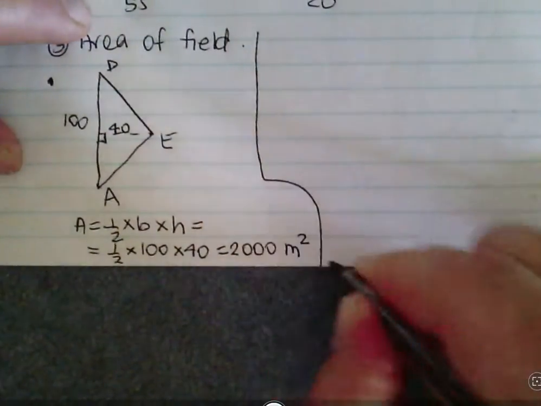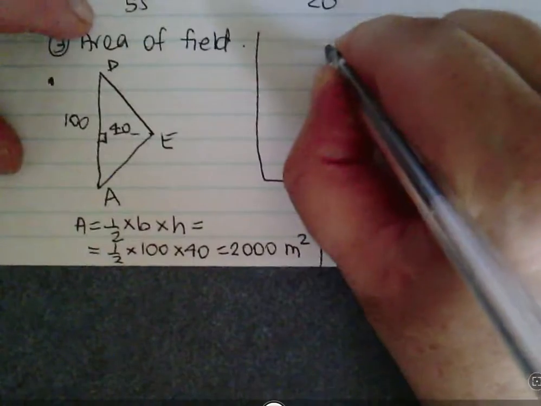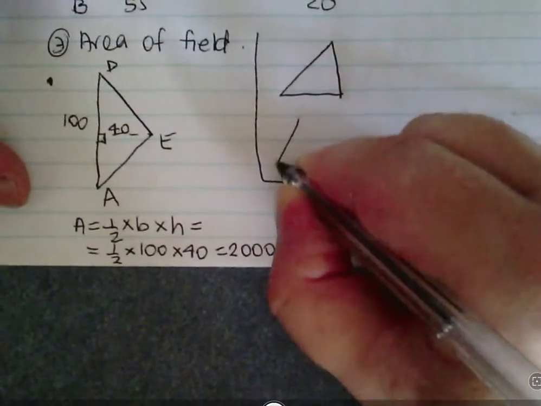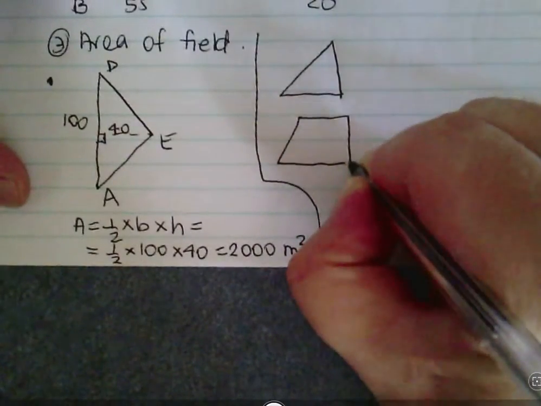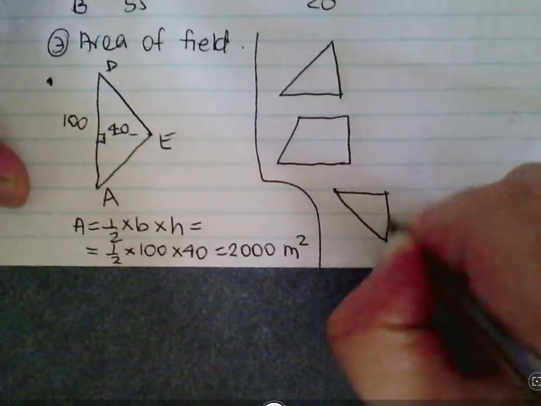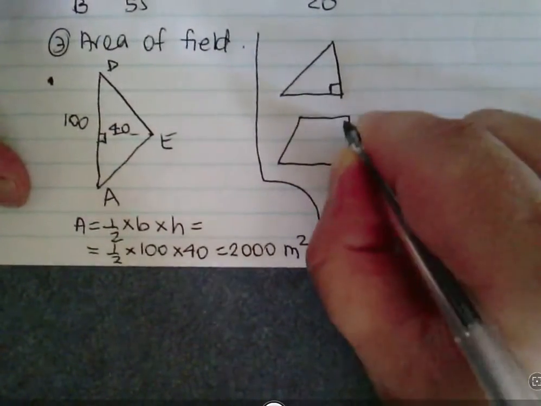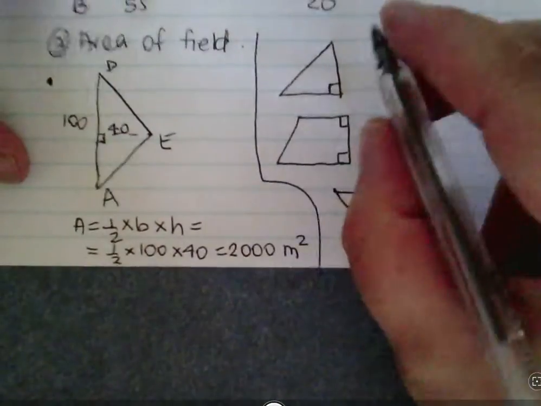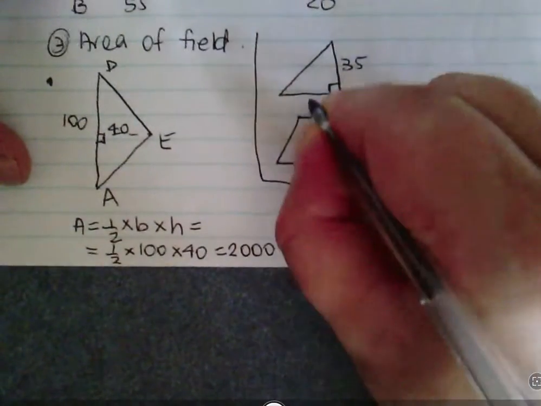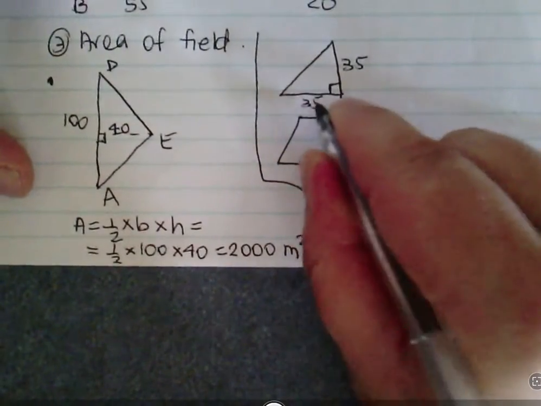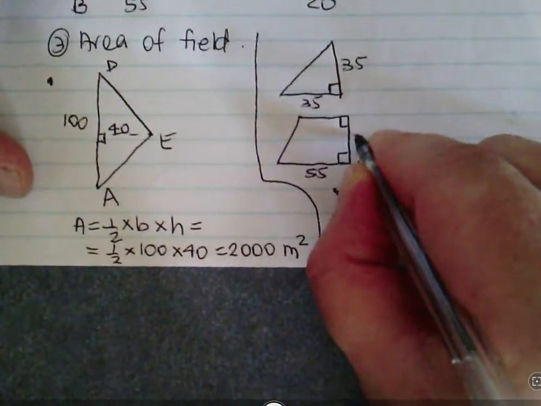Then we've got more areas to do. Unfortunately, we have to do all the others separately. We've got a triangle, we've got a trapezium, and we've got another triangle. And because none of them are stuck together, we have to do them all separately. So I'm just going to the diagram. This looks like 35 and 35. That's 55, that's 35, this is 30.